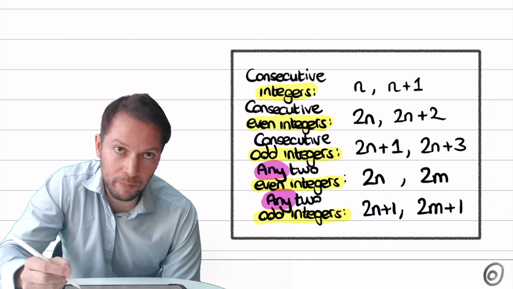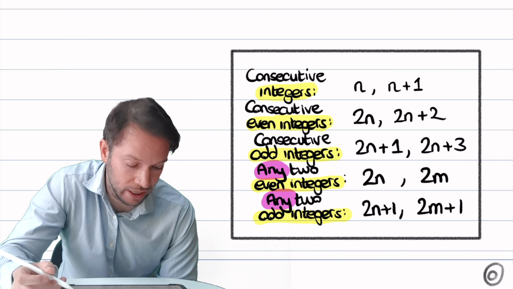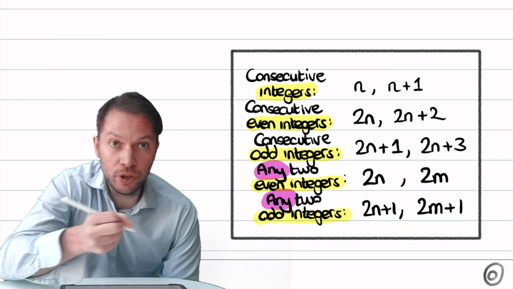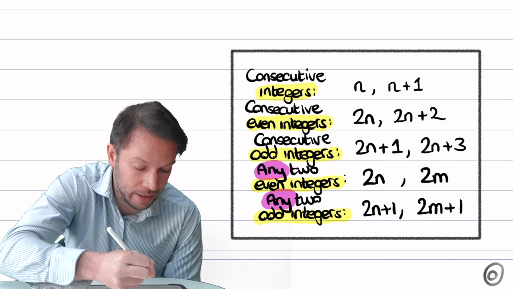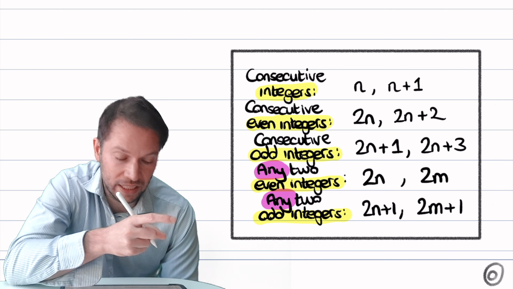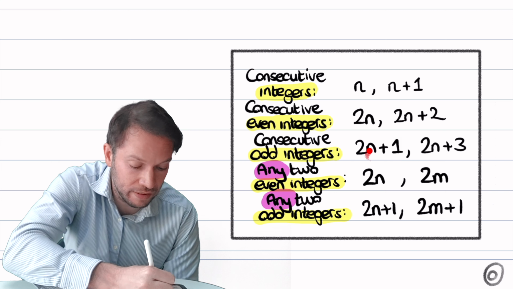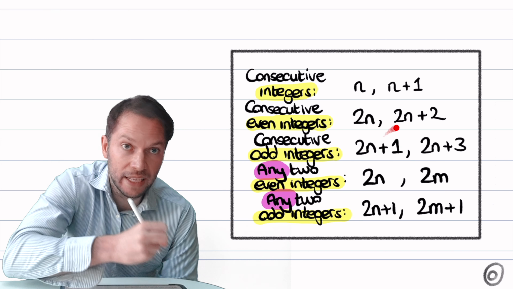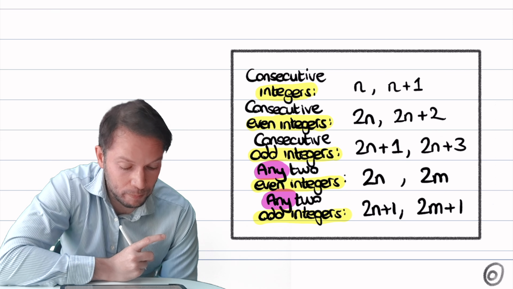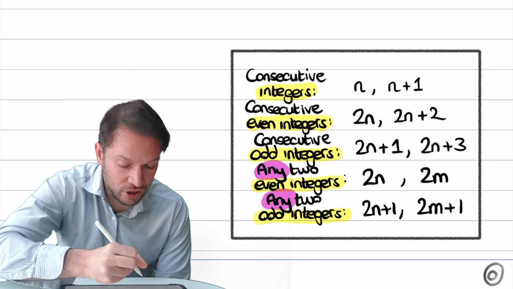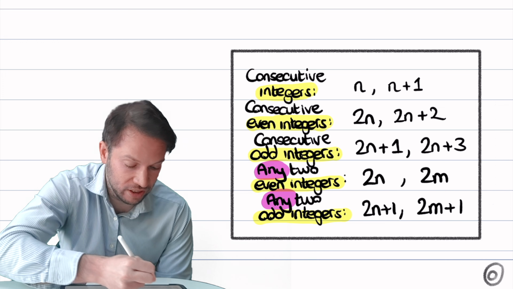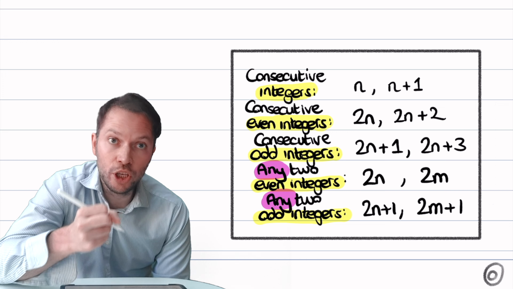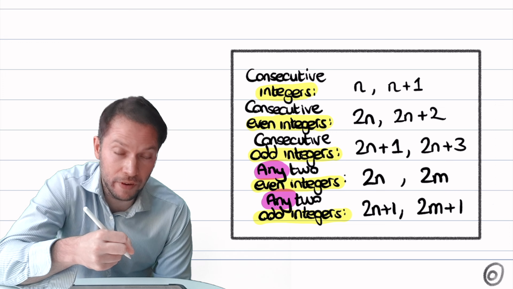So every odd number can be expressed as 1 more than an even number. If you had 2 consecutive odd numbers, then if you had 7, you get the next one by adding 2. So if you had 2n plus 1 as an odd integer, you get the next one by adding 2. But if you want any two possible odd integers, not necessarily consecutive, you just use different variables.